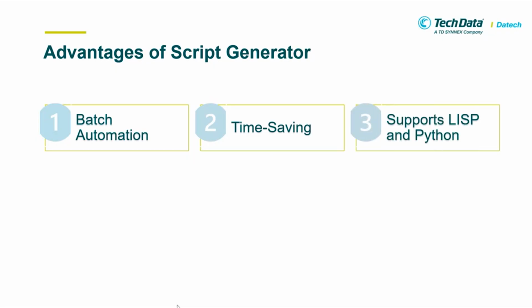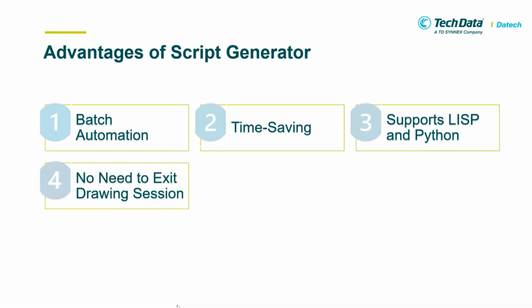It supports LISP and Python. You can integrate custom LISP routines and Python scripts for advanced automation, making it highly flexible. There is no need to exit the drawing session. Scripts can be generated and executed directly within the current AutoCAD session, improving the workflow continuously.